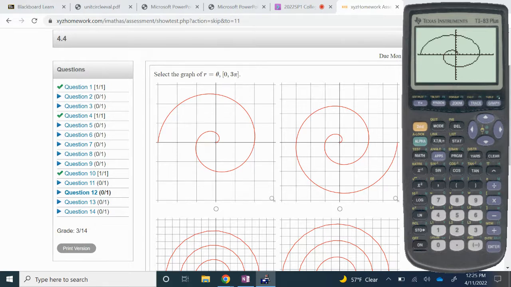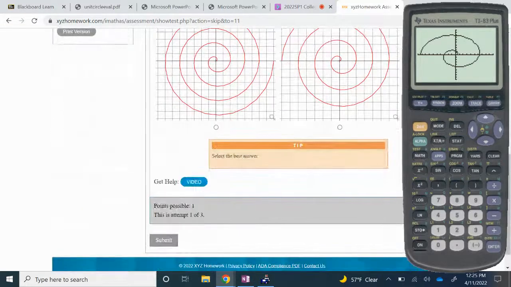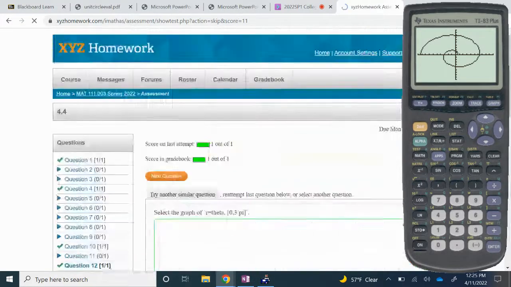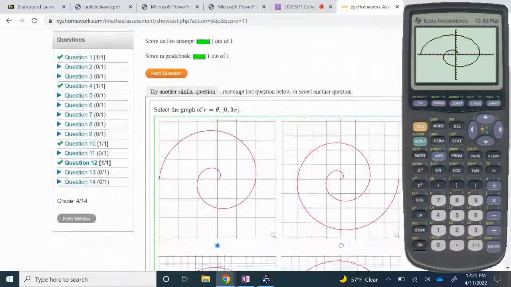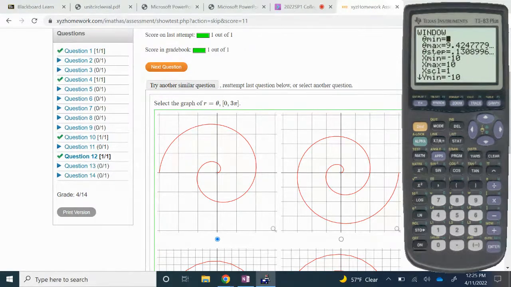All right, so our correct answer choice should be the first one. I just wanted to point that out because by default, the interval on the calculator is 0 to 2 pi. So if you're given anything other than 2 pi, you want to go in the window and make your adjustments.